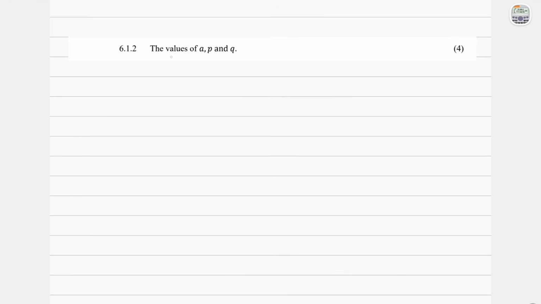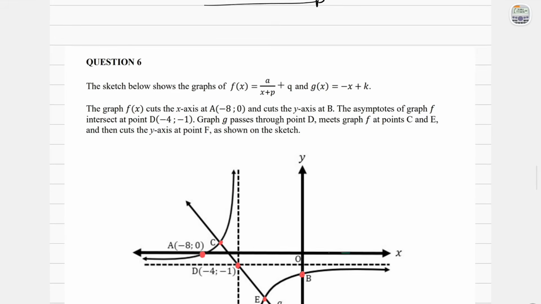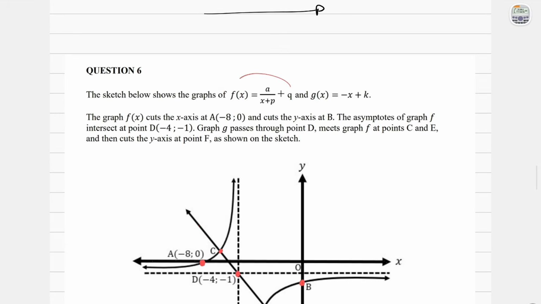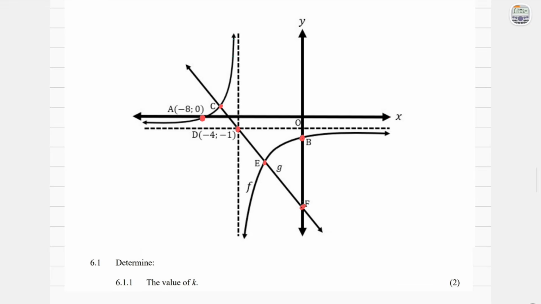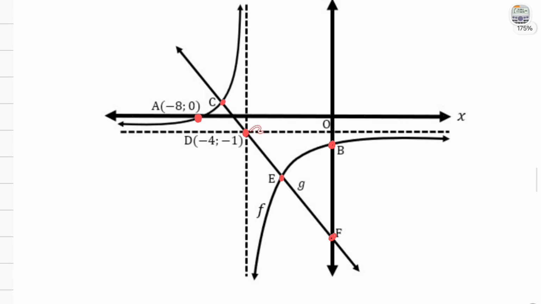The next question, 6.1.2, says determine the values of a, p, and q. So they really just want us to find this equation, f of x. So let's find that. Let's see what we have. Do you see that they told us about this point of intersection of the asymptotes of the graph of f?